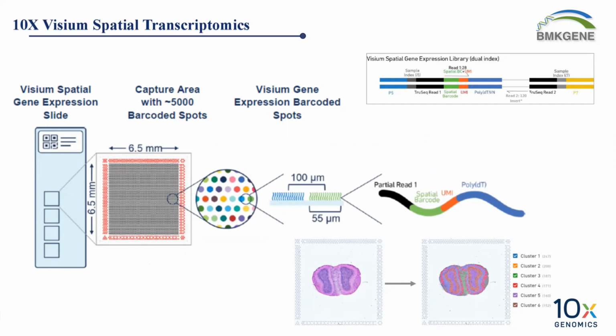The most important part here is the spatial barcode, where each single spot has a unique barcode, and this part will be amplified with the mRNA molecules captured by the poly-dT tail. Then in the final data, we can use the barcode to align back to every single spot. There is another barcode here, the UMI, which we use to mark every single molecule.